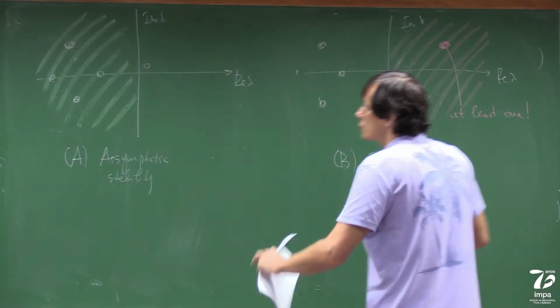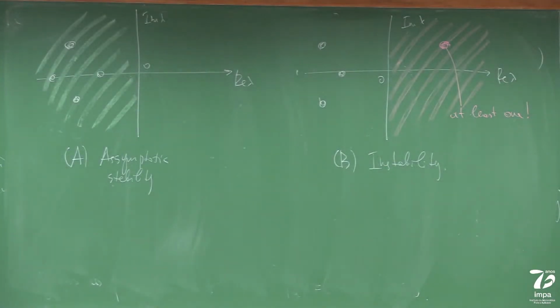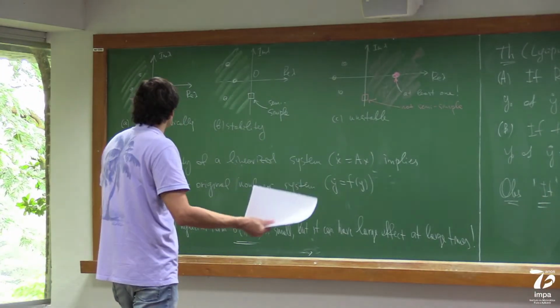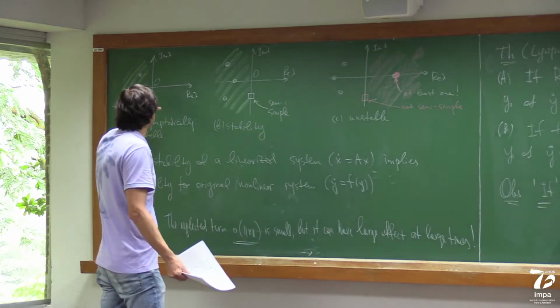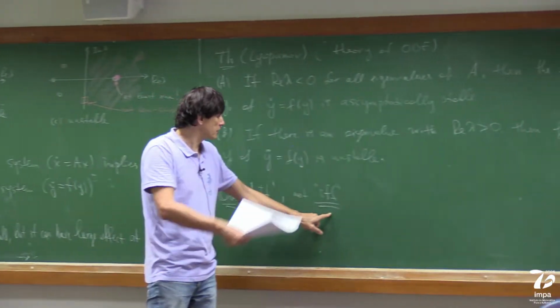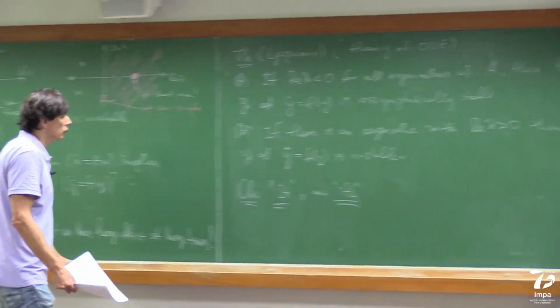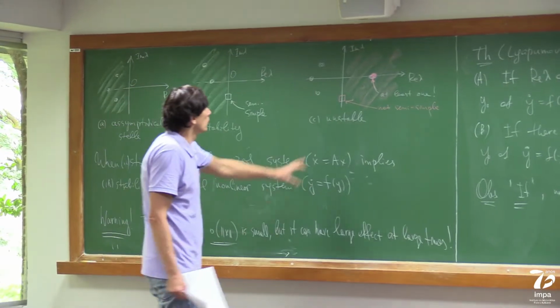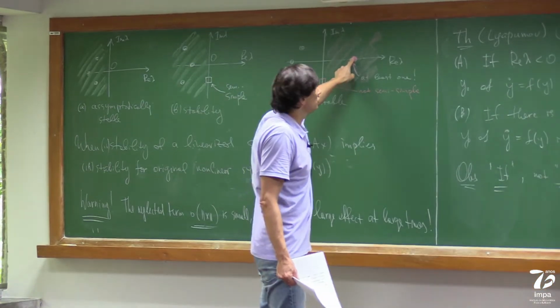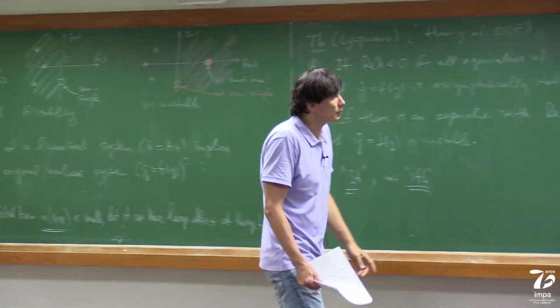So the first case is exactly the case of asymptotic stability for the linear system. This is a case where both theorems are close to each other. The situation for asymptotic stability in the linear and nonlinear systems has the same form, but not absolutely the same, because in the linear case it's if and only if, in the nonlinear case it's just if. The unstable case is similar, but here there are two differences.